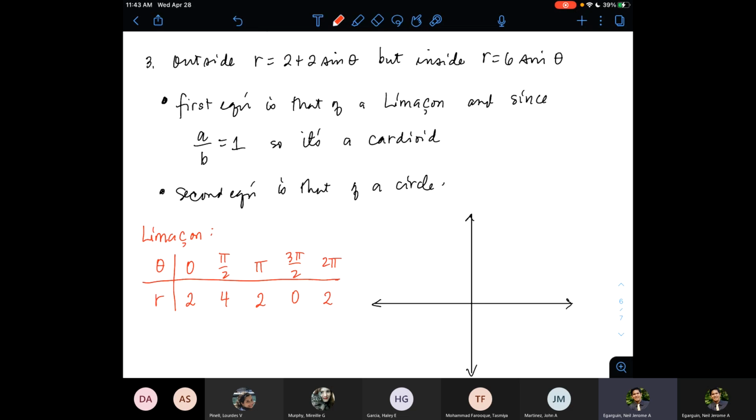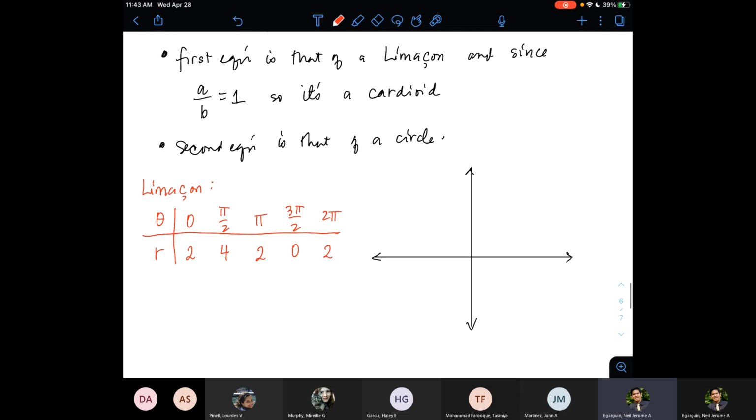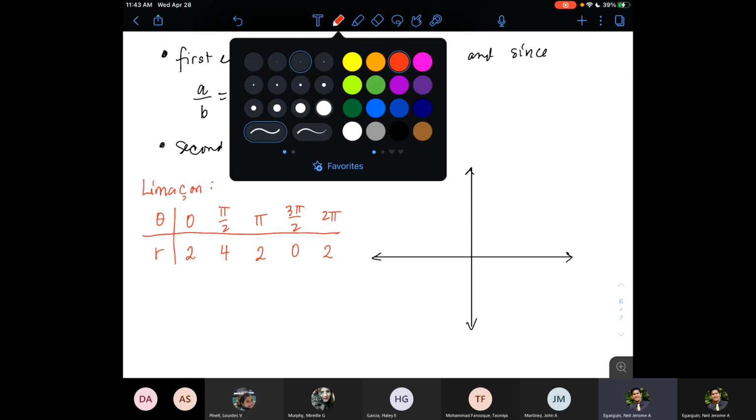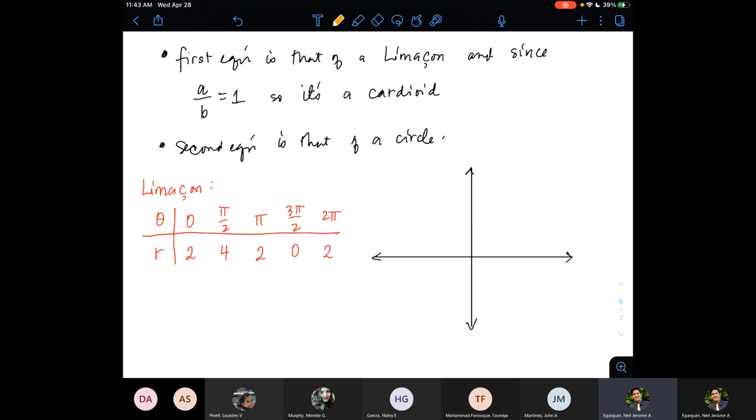And at 2 pi, we'll get 2 again. So this signals I need two concentric circles, of radius 2 and 4, just to guide me for plotting the radial components.